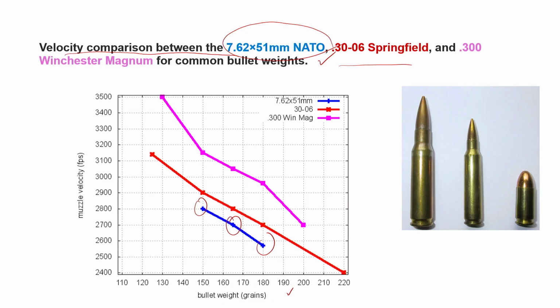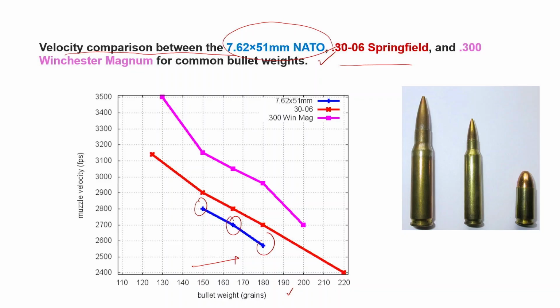So, with the increase in this bullet weight, the muzzle velocity in feet per second reduces for all the types of bullets. With the increase in the mass of the bullet, the muzzle velocity will reduce.